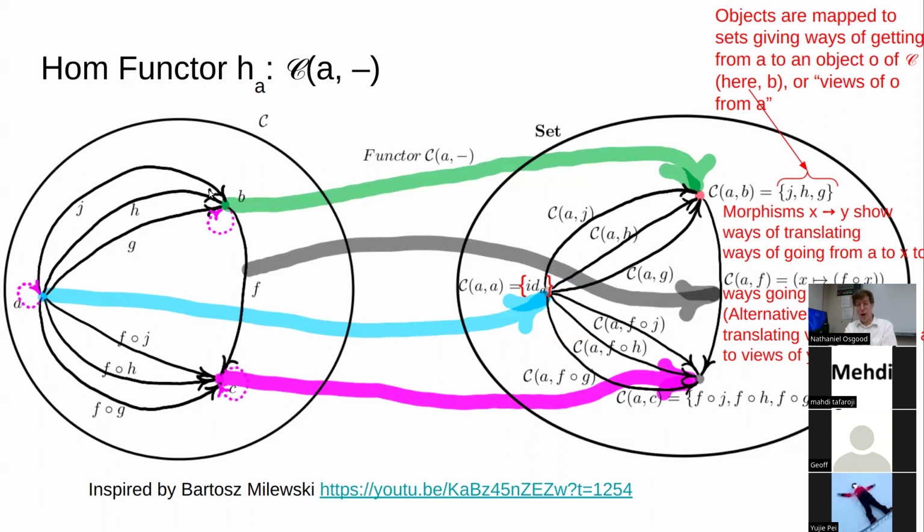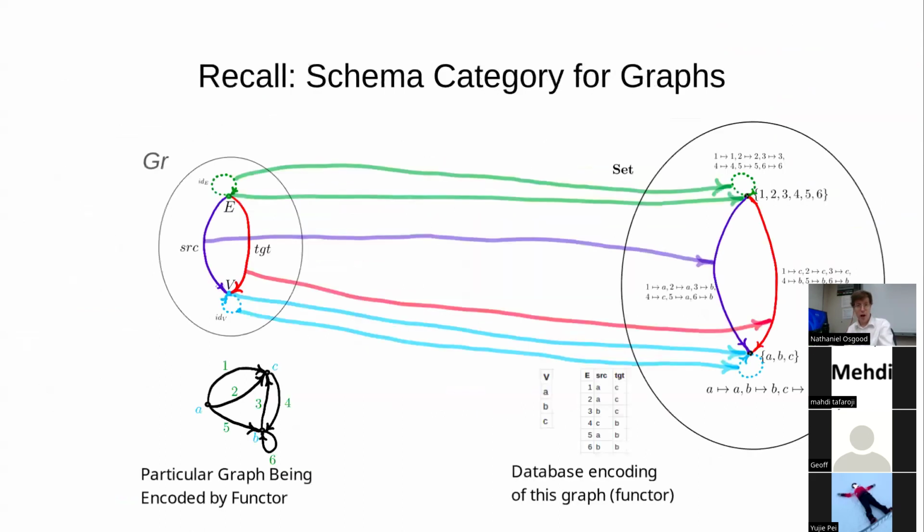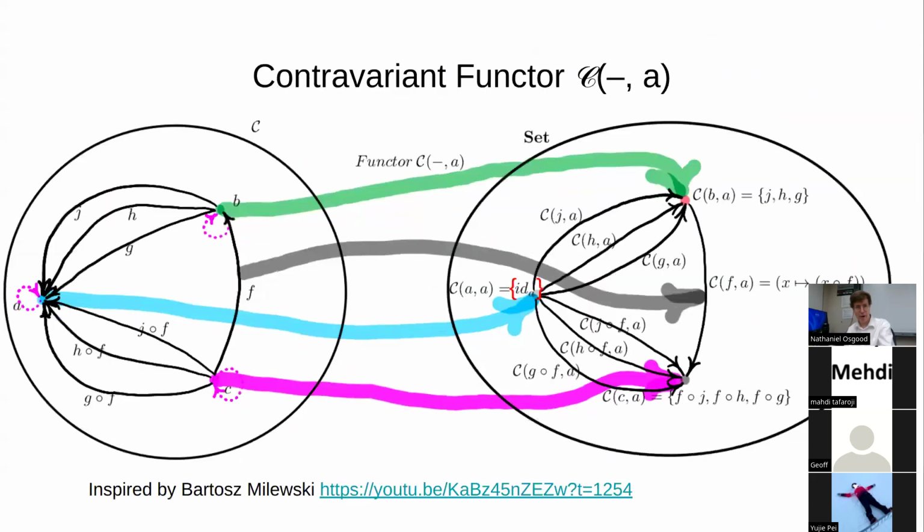I will note that the hom functor preserves structure. It's a functor. It honors composites. And I won't show this here, but it does. I will further say there's a contravariant version of it.